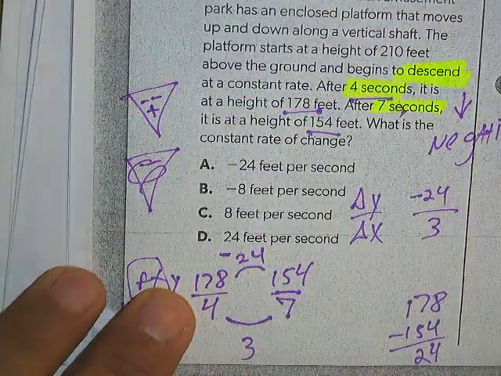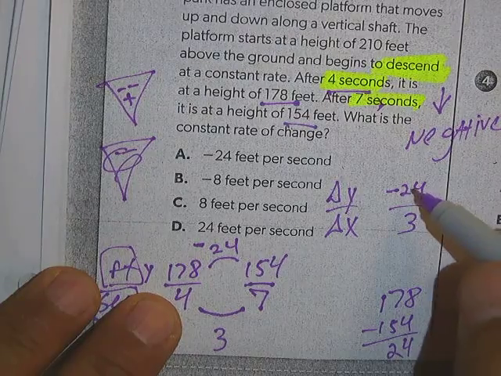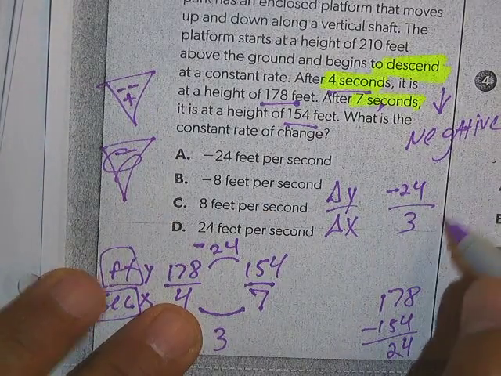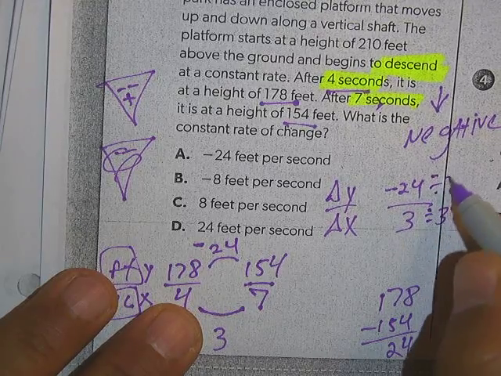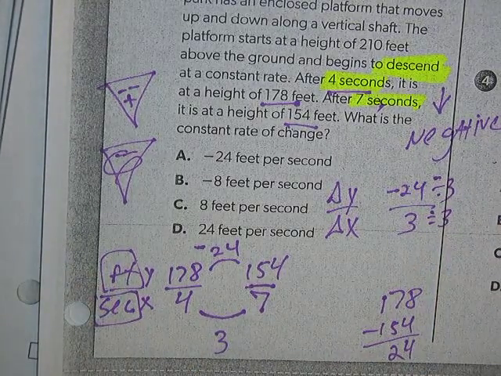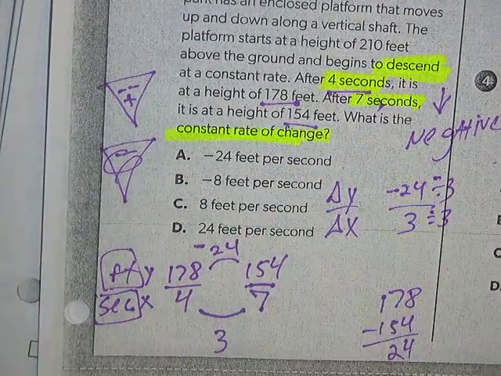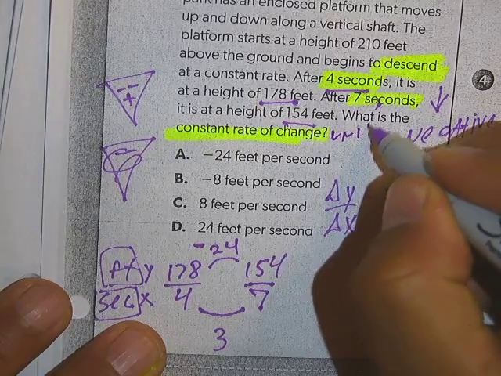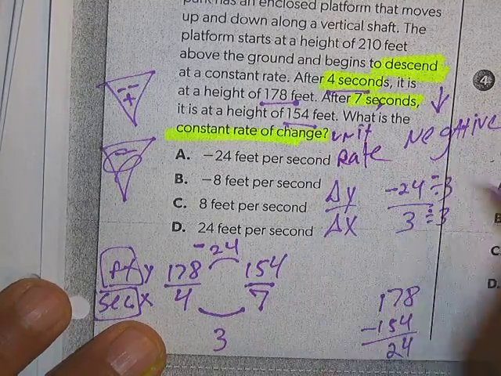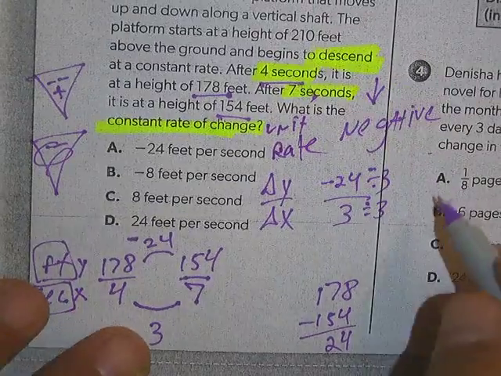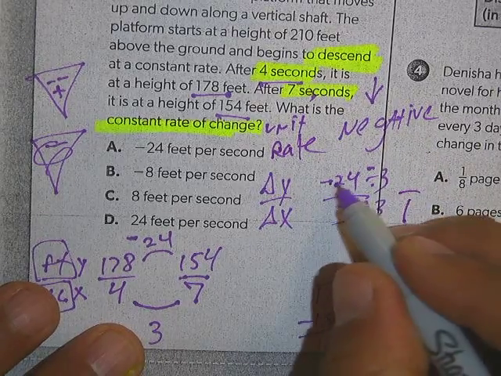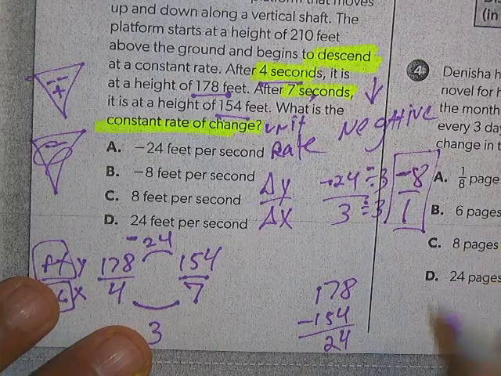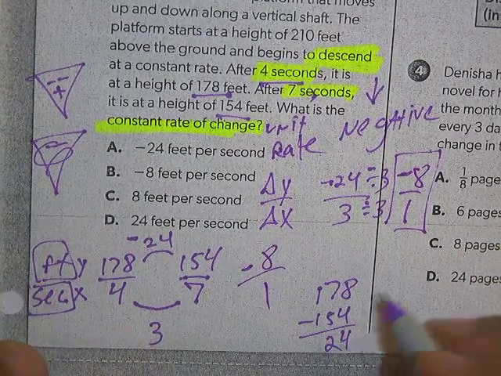And so now you can use your Dorito man. Negative divided by a positive. Negative and a positive, that means my answer has to be negative. So I can divide here by 3. And why by 3? Because of the key word here, constant rate of change. The rate of change means we can find a unit rate and have my answer. 3 divided by 3 is 1.